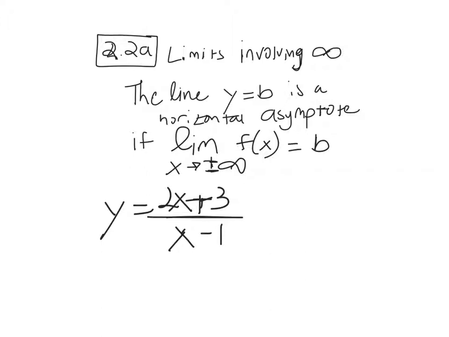All right, so go ahead and graph this on your calculator. So get your calculator out, and we'll graph y1, 2x plus 3, divided by x minus 1. You're going to need lots of parentheses when you graph this. So parentheses 2x plus 3 divided by x minus 1. Hit zoom 6.